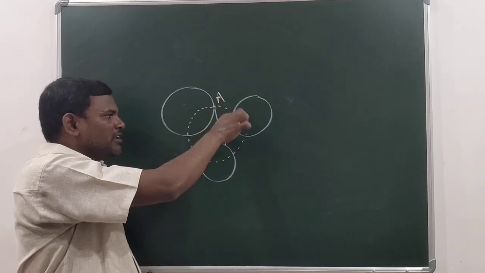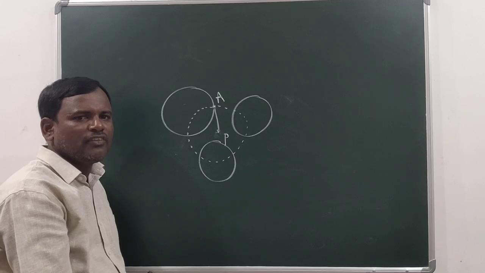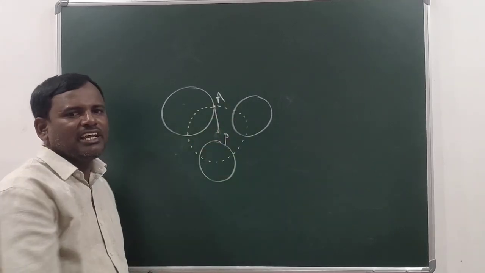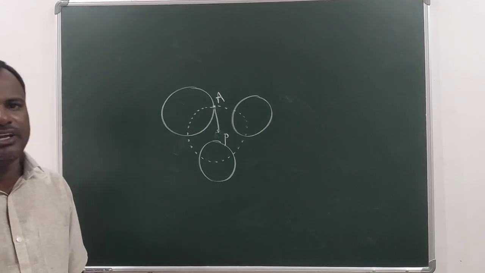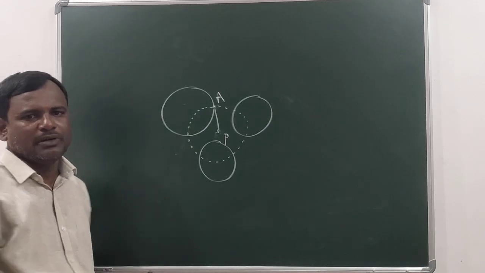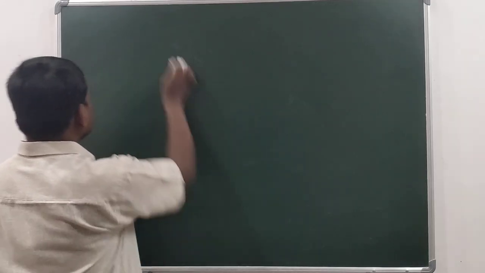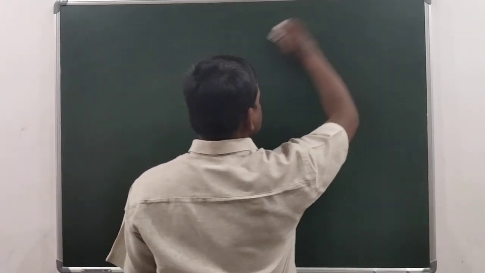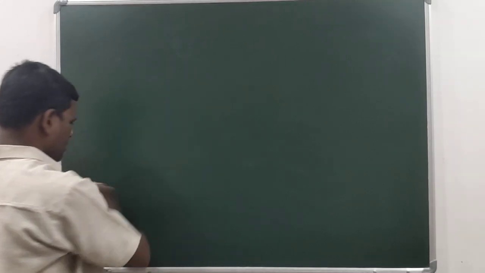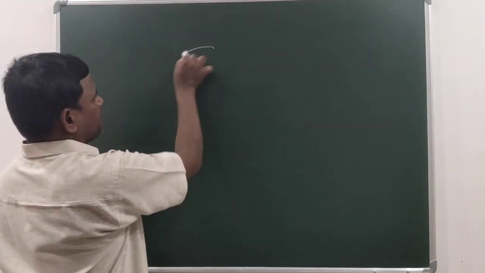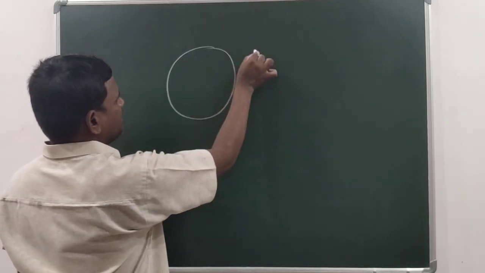Now draw a dotted circle of radius PA with center P, which intersects the three given circles orthogonally. Remember this point. Next, see here students, I am taking three intersecting circles.